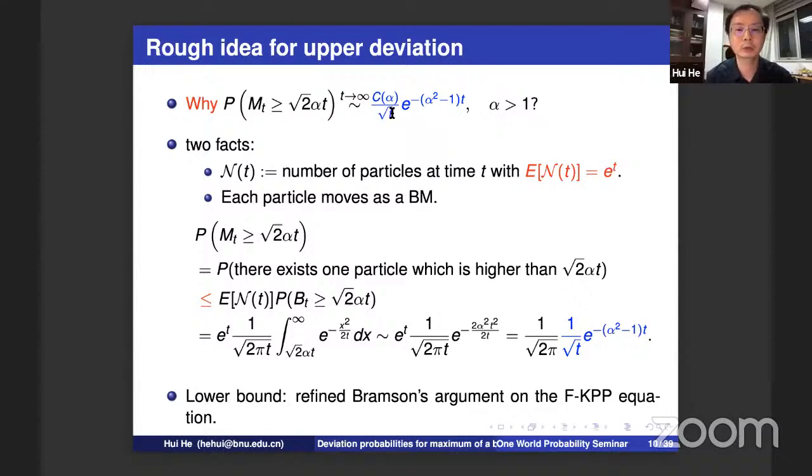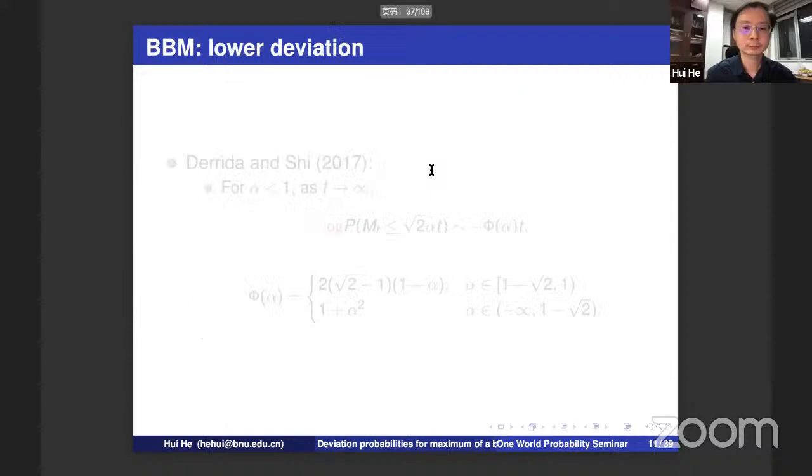And also, if you want to know the precise form of this constant, the work will be much more involved. So I would like to stop here for the story of upper deviation for the BBM, and then next I shall turn to the story of lower deviation for the Brownian motion.